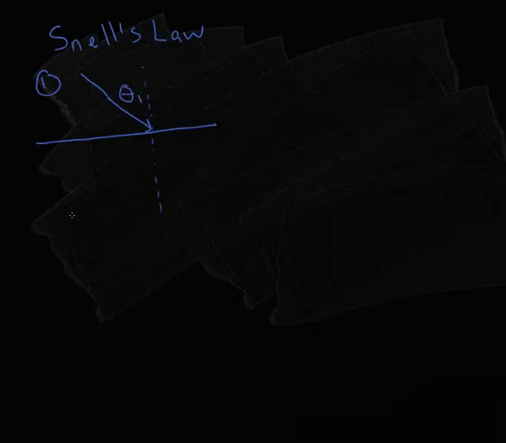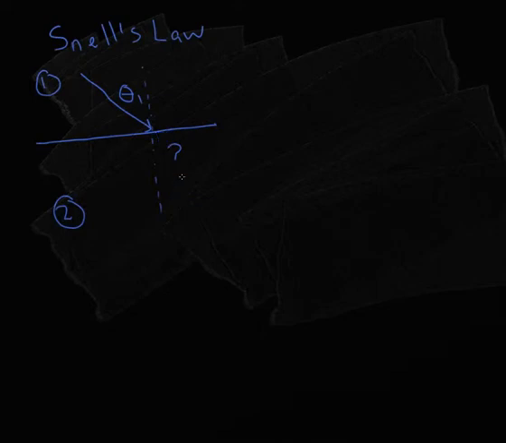And it's going to come down here into medium 2. So something else. We don't know what it is. And I want to know, what does it do when it comes down here? It's going to go in some direction, maybe closer, like this, but maybe further away, like that. I'm really not sure which it's gonna do.